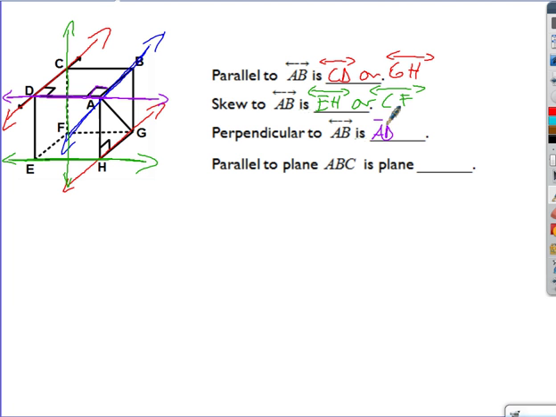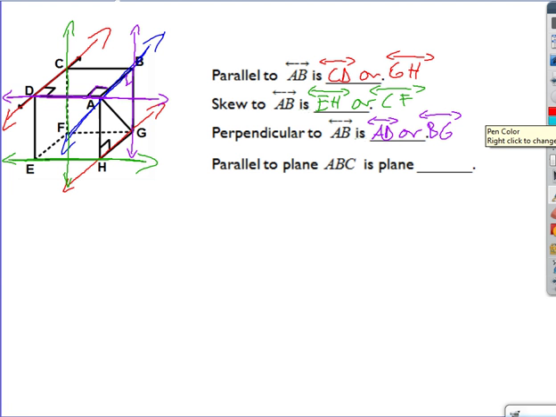So AD is perpendicular to AB. And another one that's also perpendicular to AB is back here, the line BG. As this is a cube, we know that this is also a right angle. So BG is another perpendicular line.